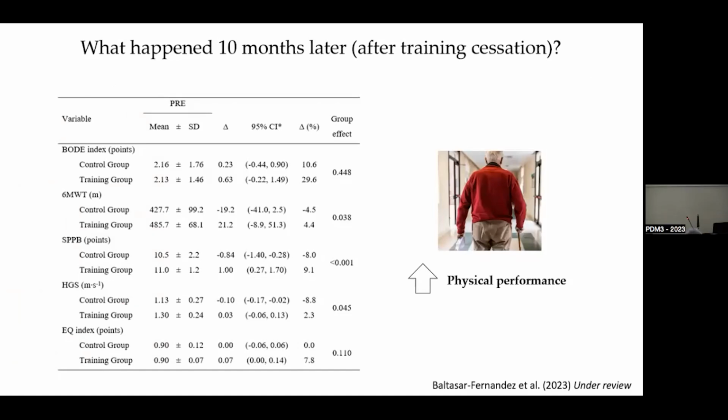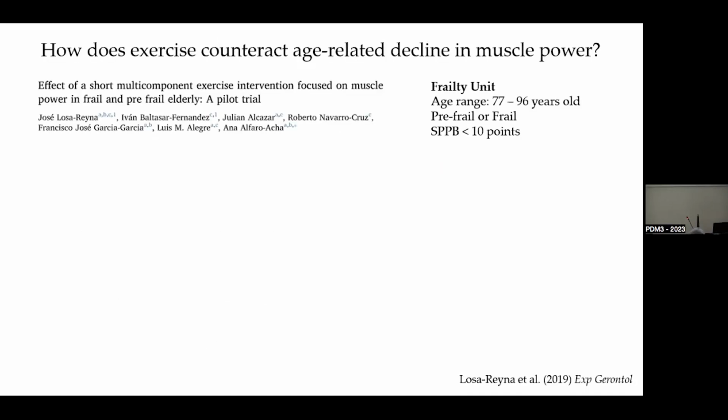And regarding physical performance, we have also observed a residual and beneficial effect of the intervention, even 10 months after finishing the training program. Okay?